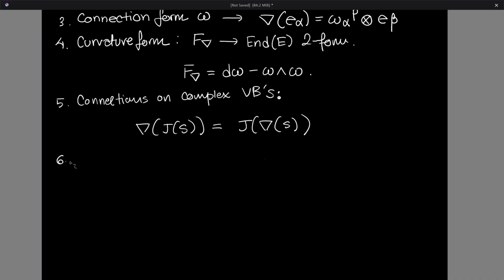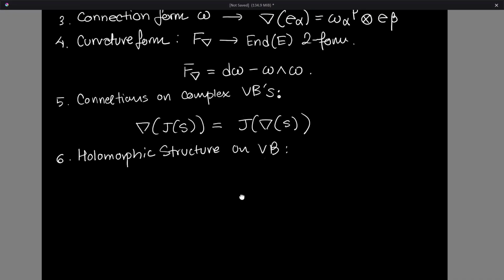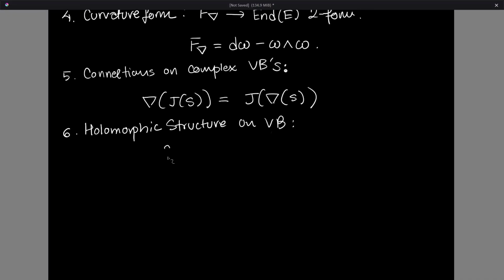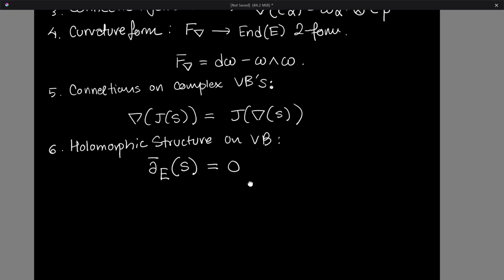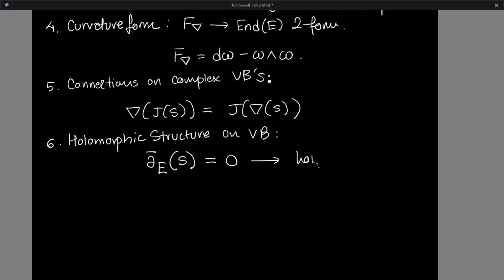And then we also introduced the holomorphic structure on the vector bundle, which introduced this operator, the canonical Dolbeault operator. And we said that, okay, well, partial bar E of S has to equal 0. And, well, this would give us a holomorphic local section.